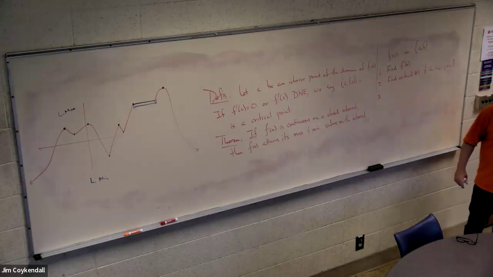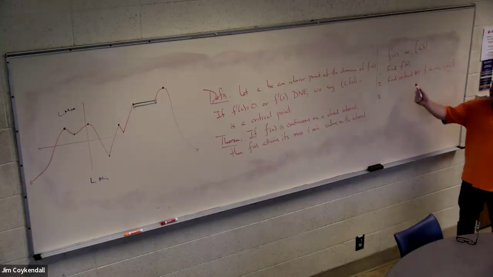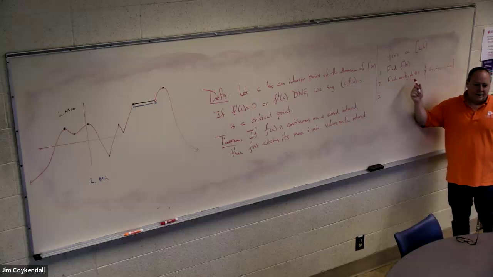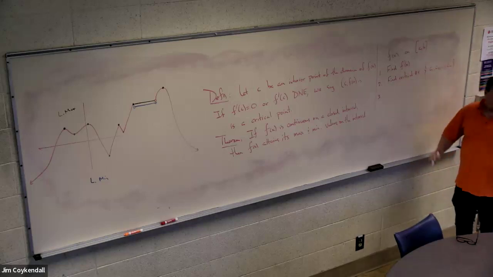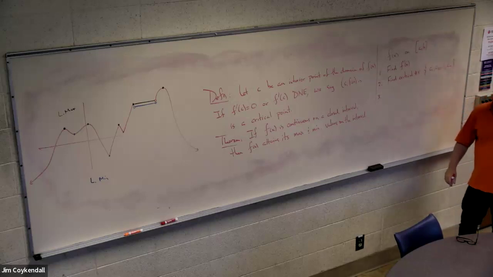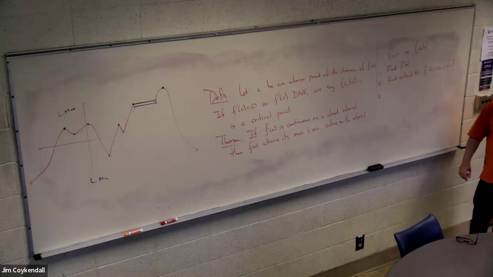Here's the rub. If this function has a maximum or minimum value, it has to occur at one of these critical numbers. It has to occur at the top of the mountain, or the bottom of the valley, or there are 2 other places where it could occur.